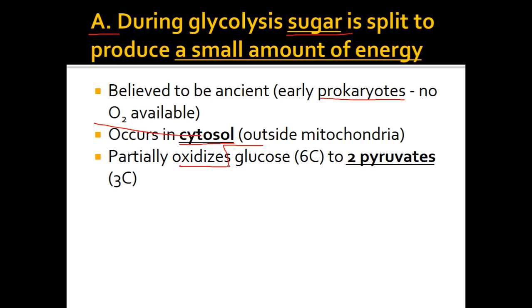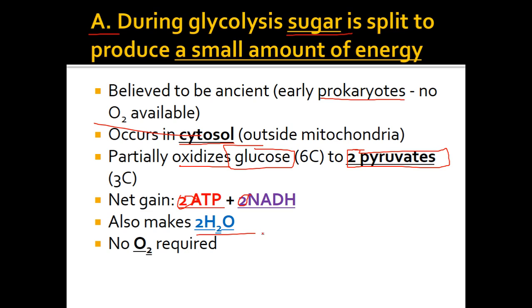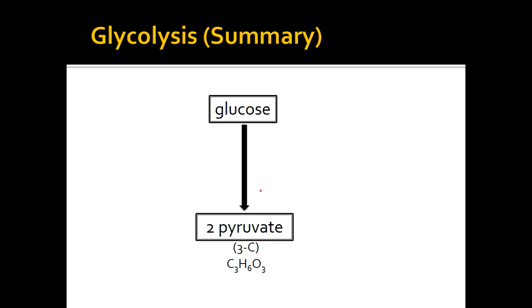So we started with glucose here, which is a 6-carbon sugar, and that gets broken in half into 2 3-carbon sugars called pyruvates. The net gain from this, we gain 2 ATP and we gain 2 NADH. This also makes 2 water. So that's another thing to consider as you're going through this. No oxygen is required for this. So this happens without oxygen.